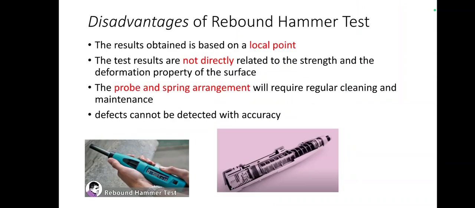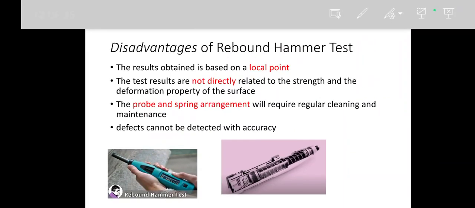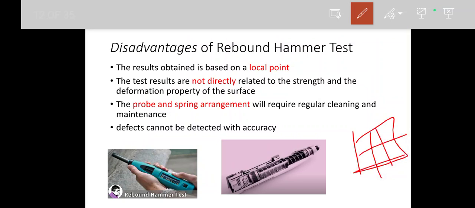Regarding the disadvantages, as I told, the plunger diameter is small, so it will give a local point surface hardness only. For that reason I told we have to make some grid pattern, and in each and every grid we have to conduct the test, and then take the average of that. Moreover, as I told in the starting itself, it is not directly telling the compressive strength, it is not giving a direct value.